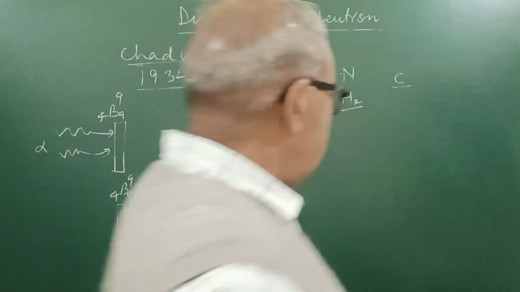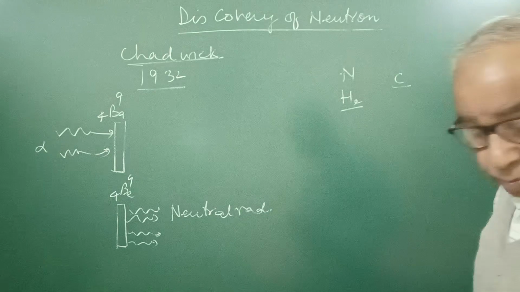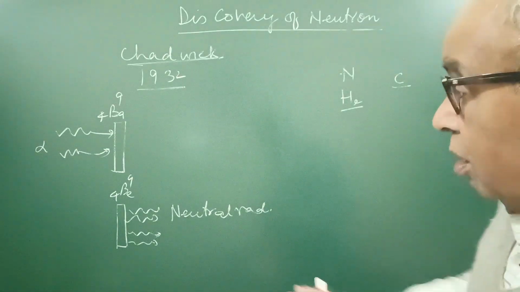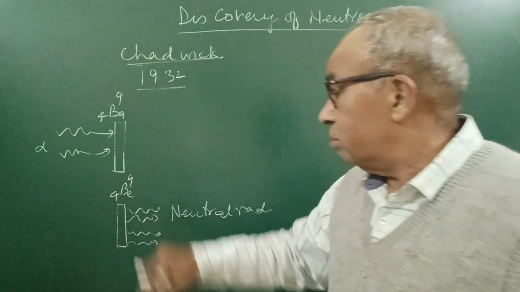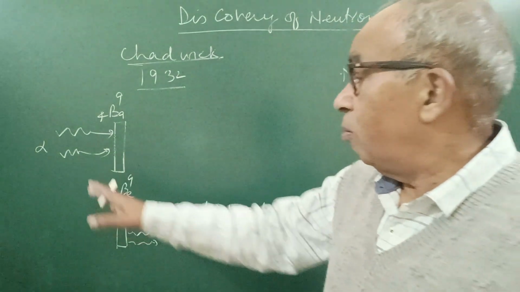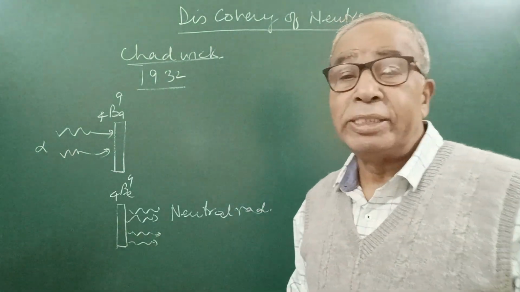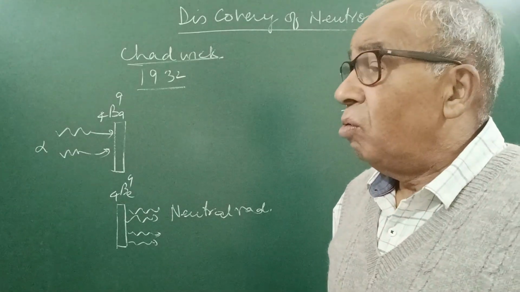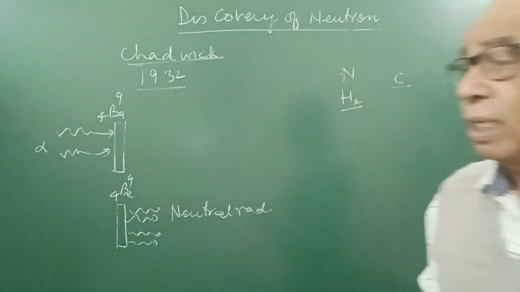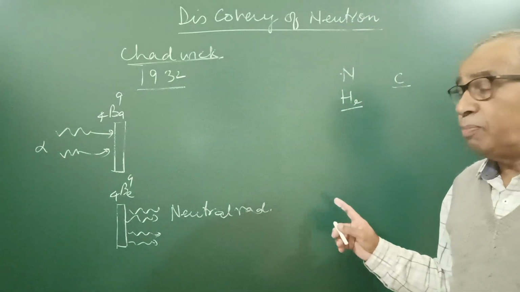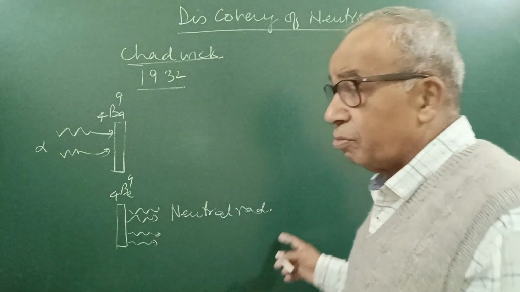It means these radiations are not gamma photons. The neutral radiation coming out of beryllium, after beryllium was bombarded by alpha particles, was proved not to be gamma photons on the criteria of the energy possessed by the radiation.